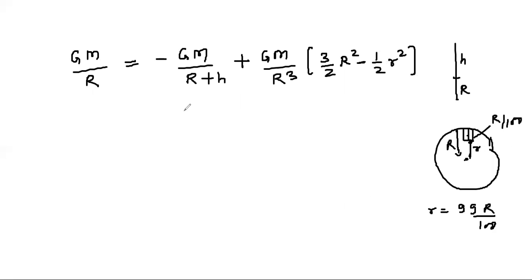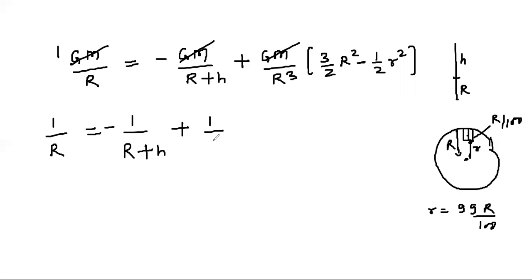So before solving it, we must cancel this GM from every term. So we will get 1 upon R equal to minus 1 upon R plus h, and from here we can put the value.